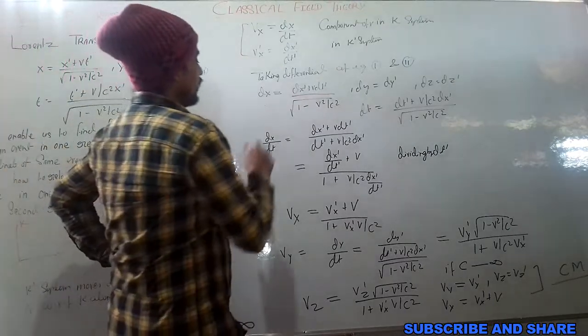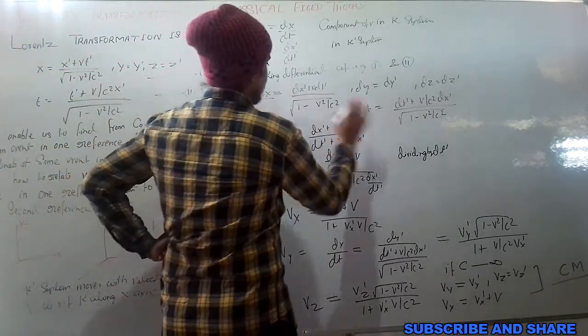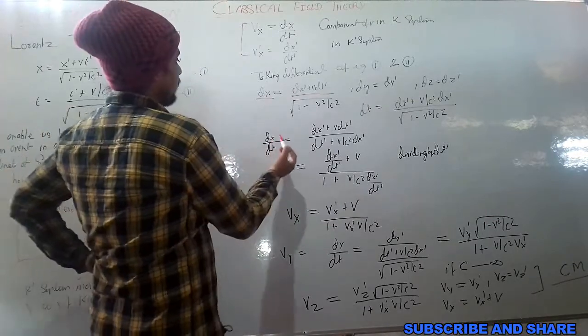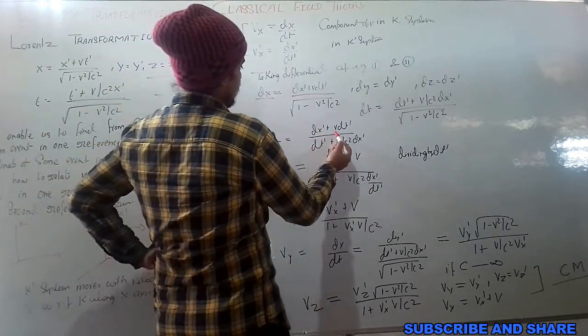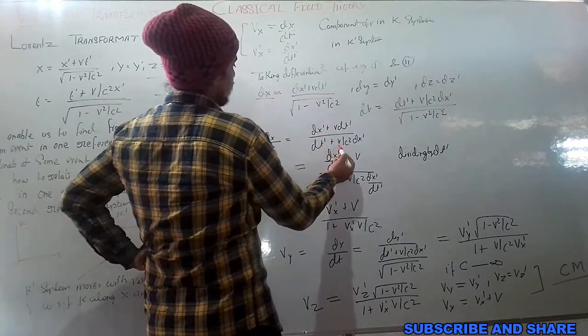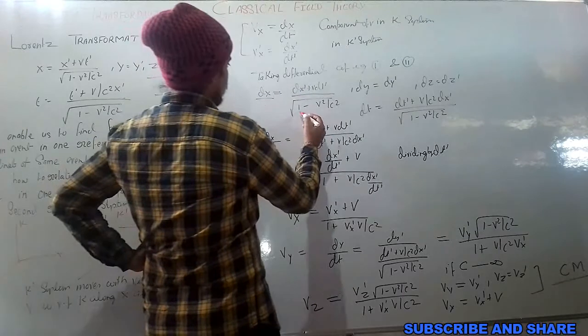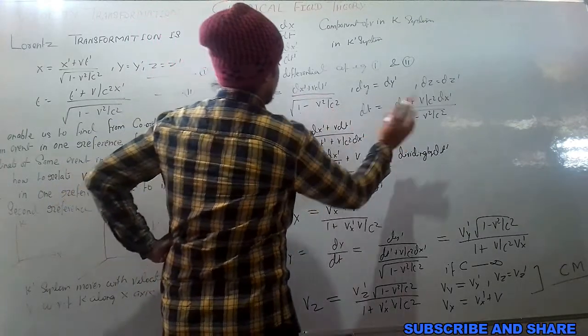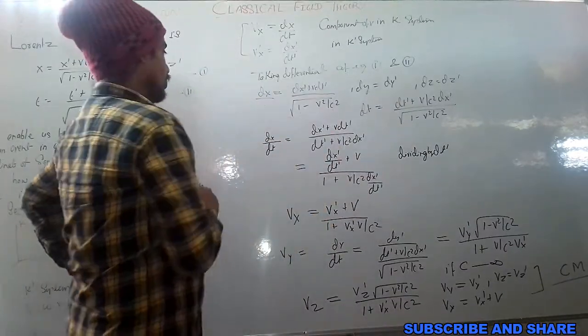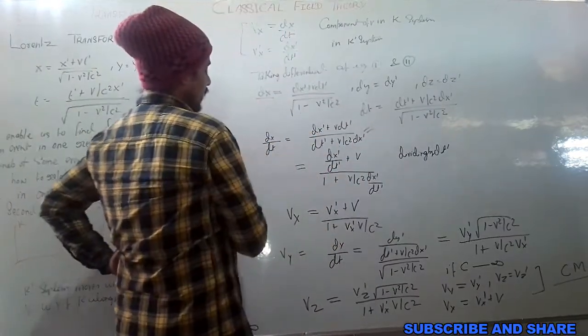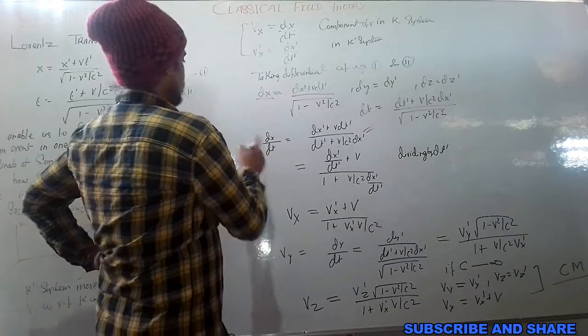Now what do we do? We divide dx by dt. When we divide dx by dt, it will simply become dx dash plus v dt dash divided by dt dash plus v by c square dx dash, because the common factor root 1 minus v square by c square will cancel out. So this is the form for dx by dt.